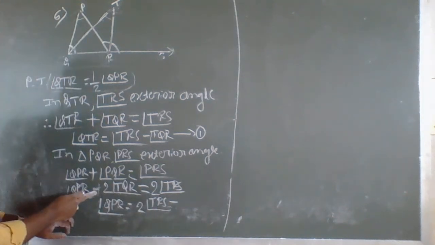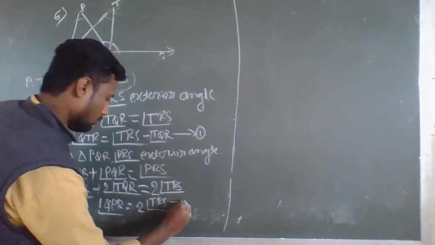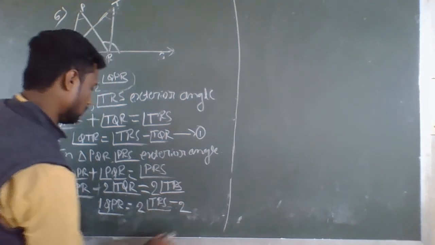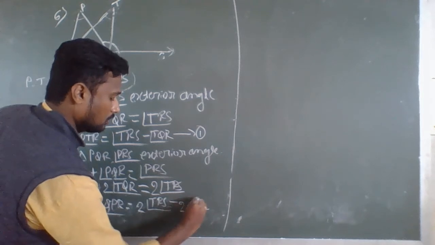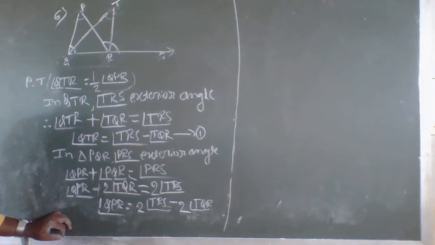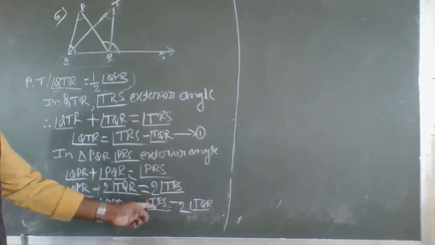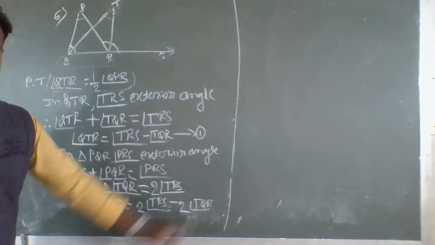Because here it is positive, when it is moved to the other side, it becomes minus. So I will write QPR is equal to 2TRS minus 2TQR.